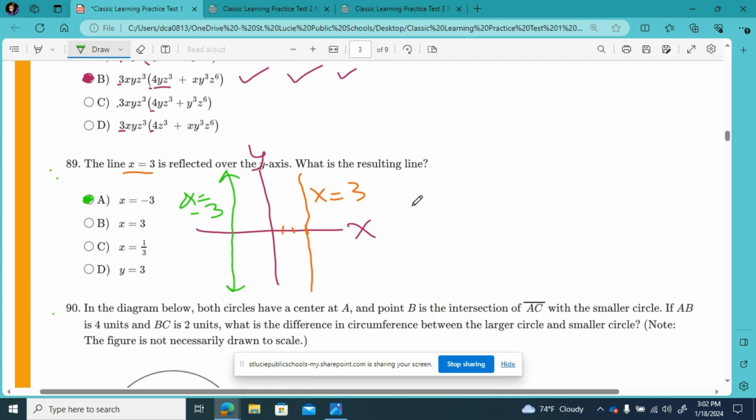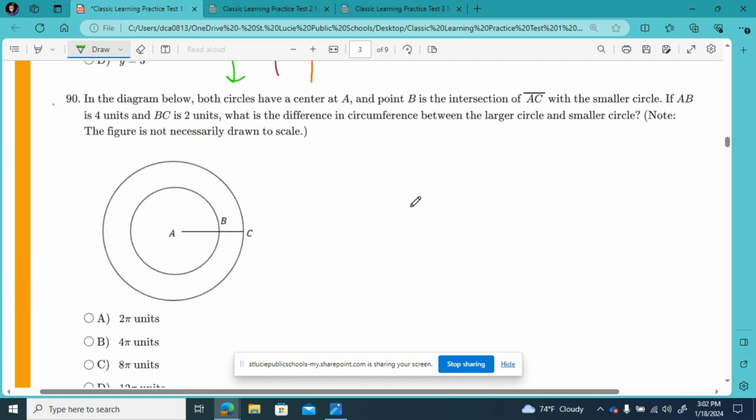Number 90. In the diagram below, both circles have a center at A, and point B is the intersection of line segment AC with the smaller circle. So A, B, C, they're all on the same line segment here.